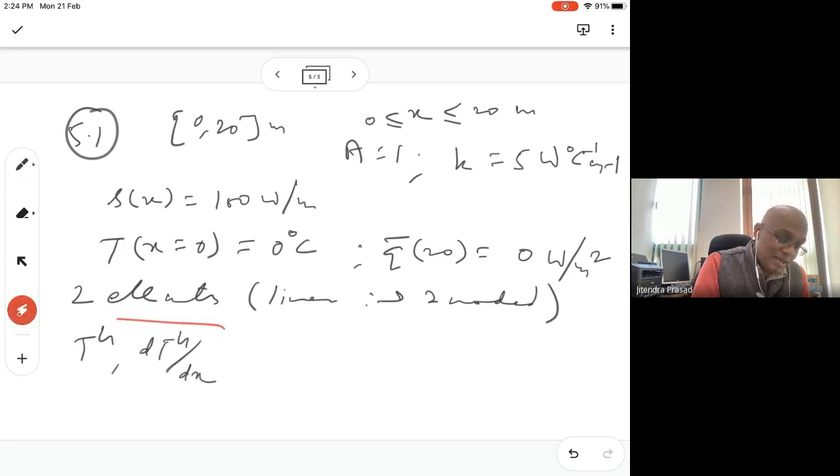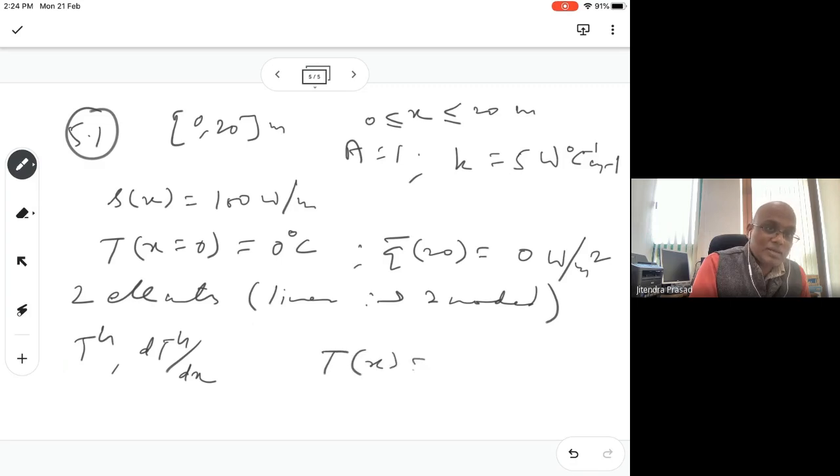So these are the finite element solution, not the actual solution, and compare it to the exact solution, which is given as T(x) equal to minus 10x square plus 400x. Yeah, so it's very easy actually, if you see.